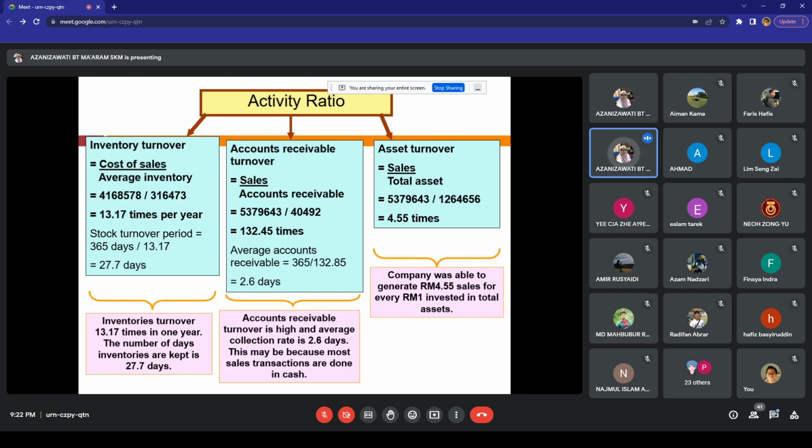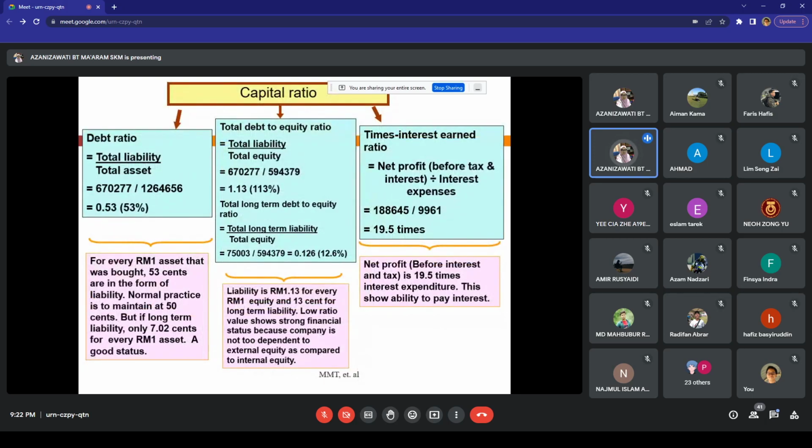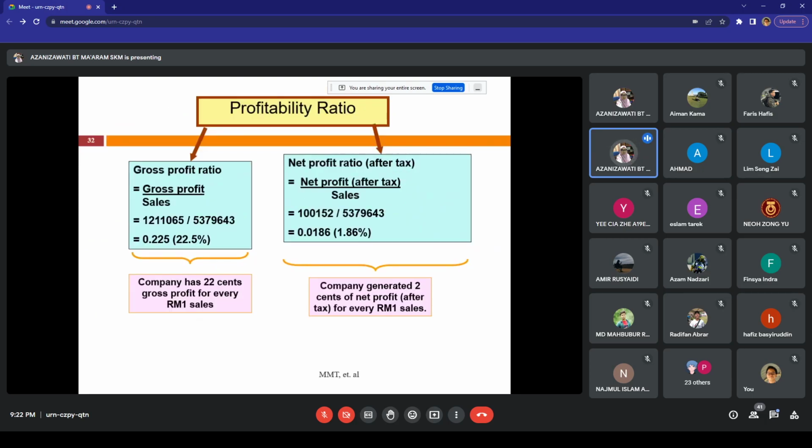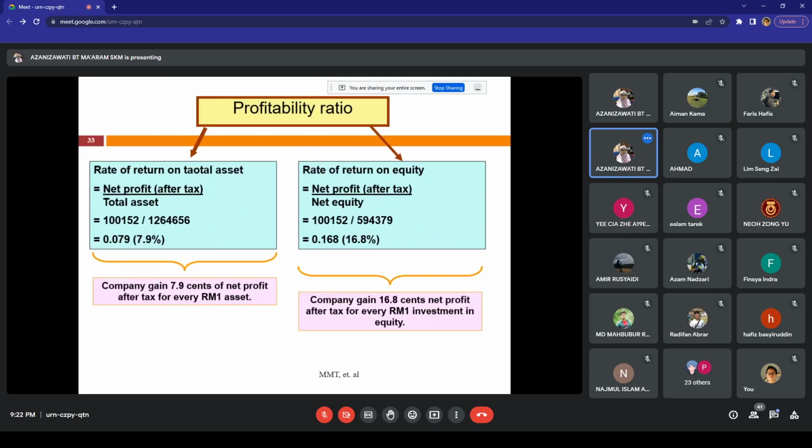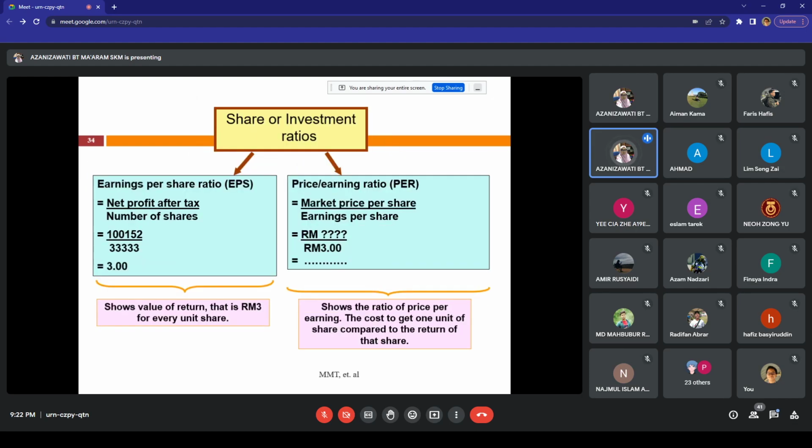So that is for activity ratio, and this is the capital ratio, so on and so forth. I think it's very simple. Because you know the formula and then you get the number, but that is how you do your interpretation.